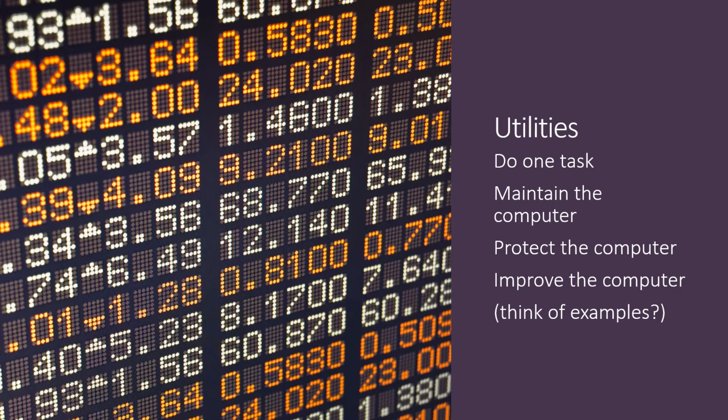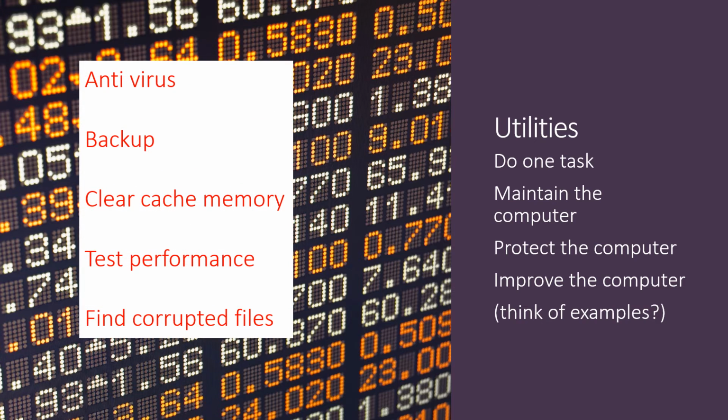One of the most common utilities that we install is a virus checker, because viruses require updated, powerful additional software to combat them, and that would be a utility. Here are some other examples: making a backup, clearing the memory, testing the performance of your computer, or finding files that are for some reason corrupted.